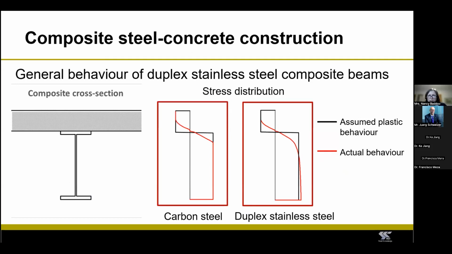And this assumption is okay for carbon steel, but it's less well represented by these stress blocks for stainless steel. As you can see in the diagram, look, the strain hardening of the stainless steel, shown here in the red line, and also there's a larger portion of the steel section that is subjected to stresses lower than the yield strength.